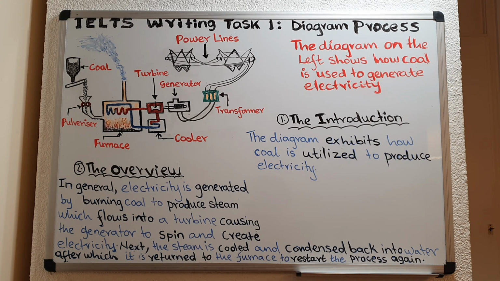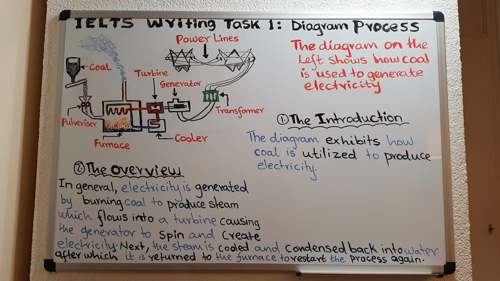And then step number 3, the coal is going to get crushed through the pulverizer and it's going to end up in a furnace. Now you can see the fire in the furnace at the bottom of it, and at the top of it you can see steam. So that would be step number 3.